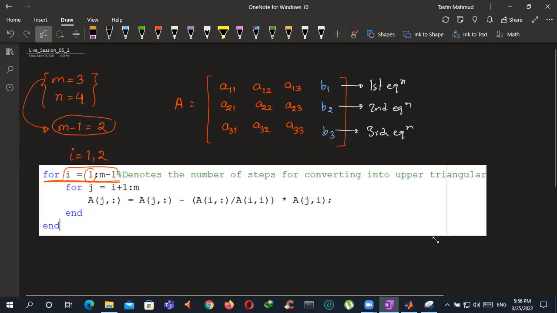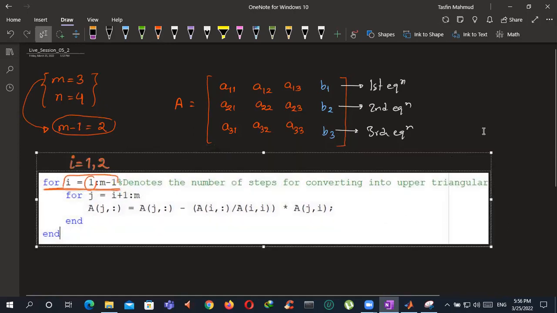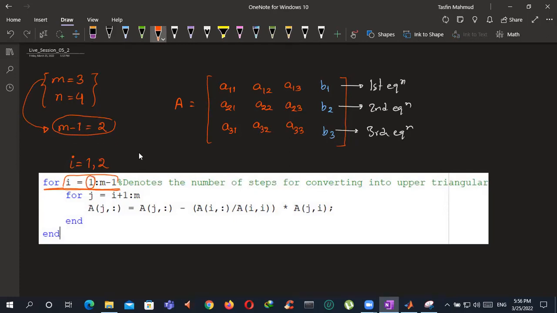Starting from 1, if you can recall the operation colon actually means incrementing by 1, right? We are starting from 1 and will continue our loop up to m minus 1. M minus 1 means 2, right? So the first loop will be executed for I equals 1 and 2.